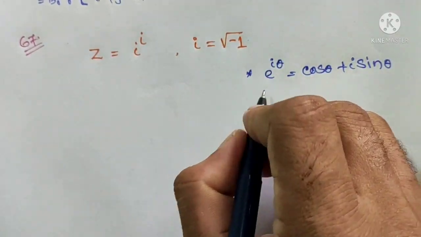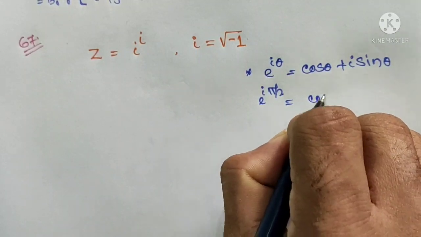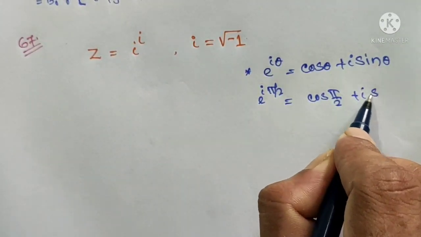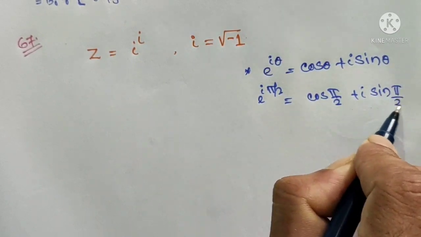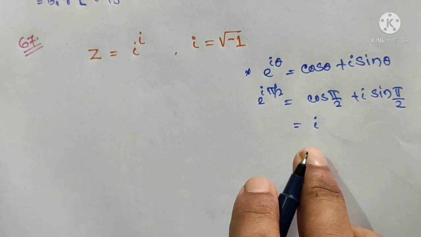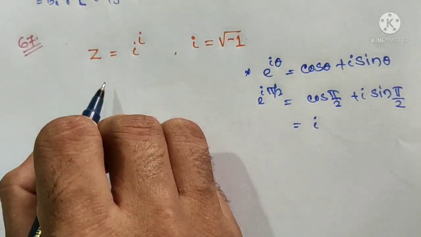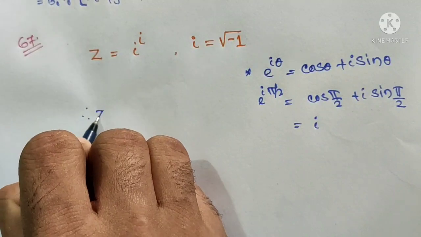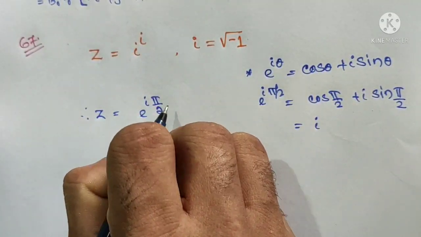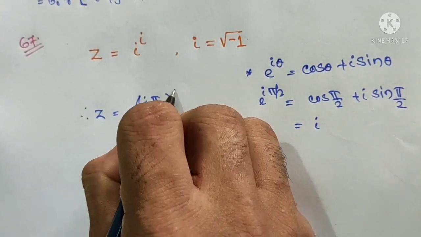So exponential i pi by 2 equals cos pi by 2 plus i sin pi by 2. Cos pi by 2 is 0, sin pi by 2 is 1, so it is equal to i. So in place of i we can write exponential i pi by 2. So z equals exponential i pi by 2 to the power i.